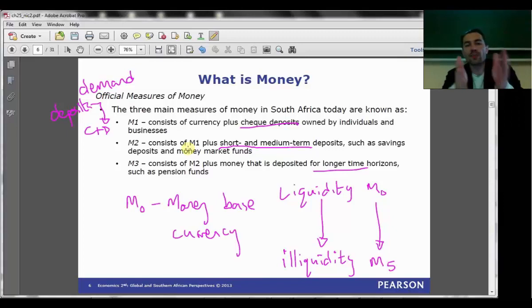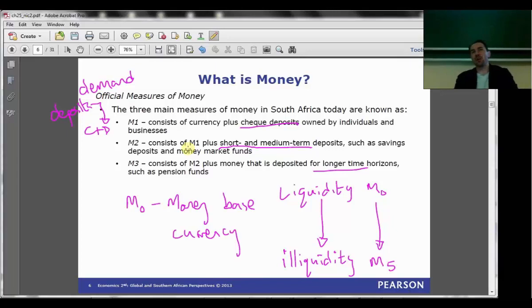So all of these measures of money are units of account, mediums of exchange, and stores of value. But in terms of their actual function at any particular point in time, M3 would not be able to function as a medium of exchange immediately. You'd have to wait for a long period of time before you could use it as a medium of exchange.